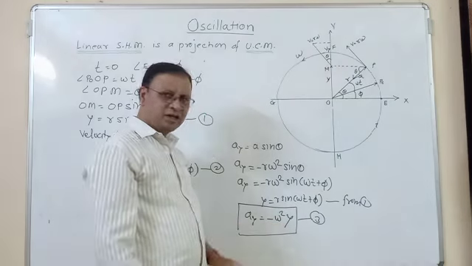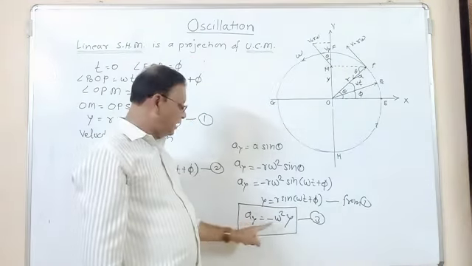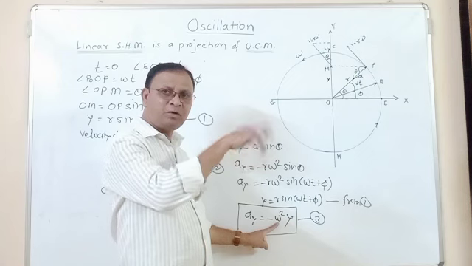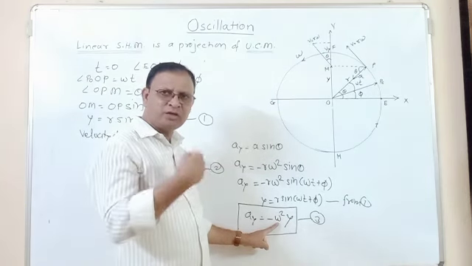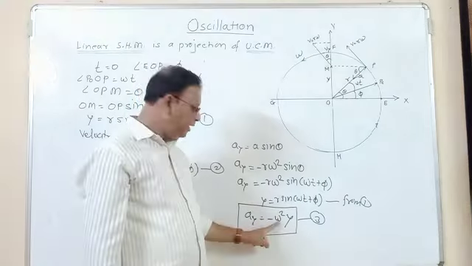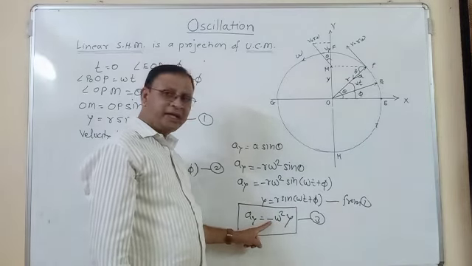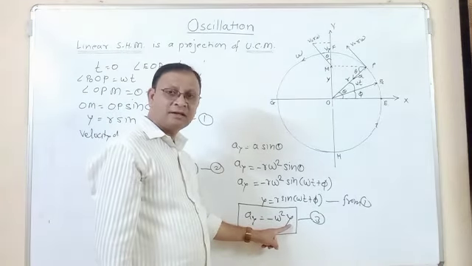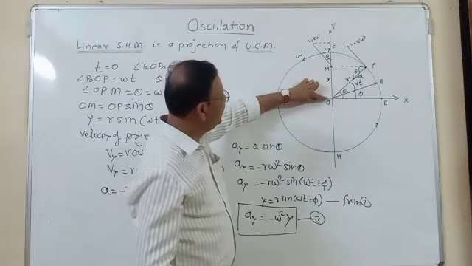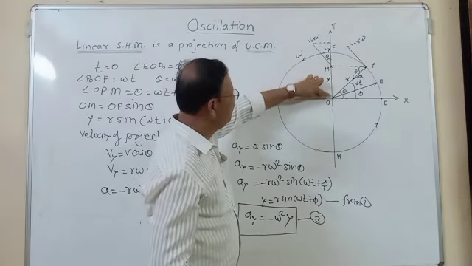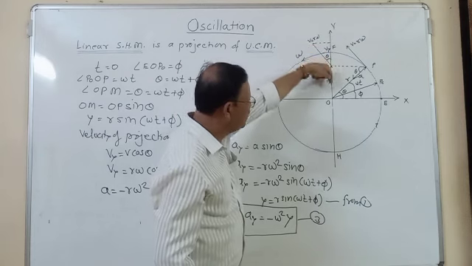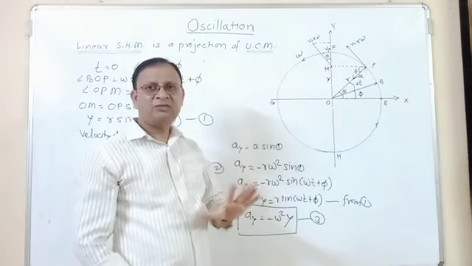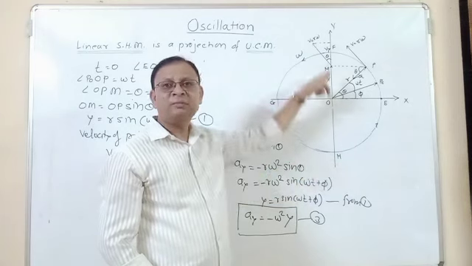As omega square is constant, because the particle is performing uniform circular motion and angular velocity is constant, the negative sign indicates that the acceleration and displacement are opposite in direction. That means whenever the projection is moving away from O, the acceleration is directed towards O. That means acceleration and displacement are opposite in direction, which satisfies the condition for linear simple harmonic motion.